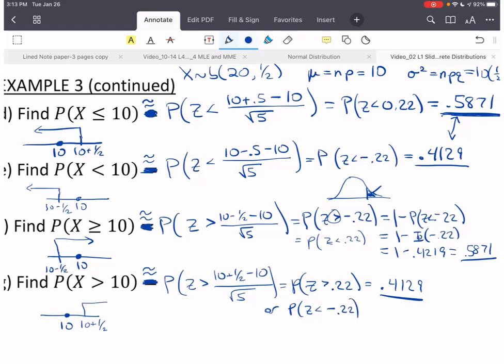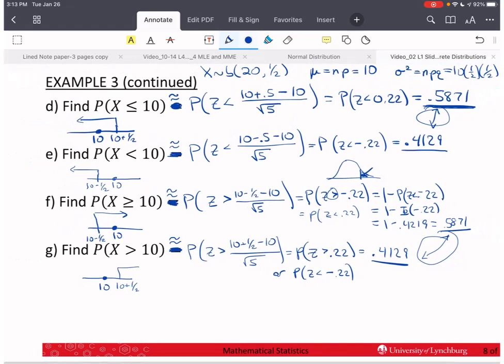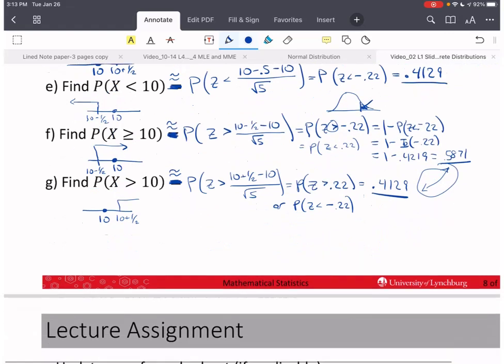Okay, so you'll see again that there's a big difference between the less than or equal to, greater than, and less than up here, and a difference between the greater than or equal to and just the greater than here, because we're estimating a discrete distribution.